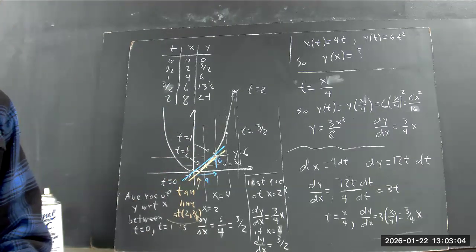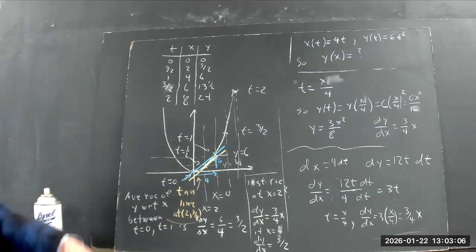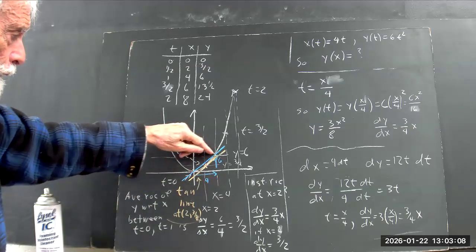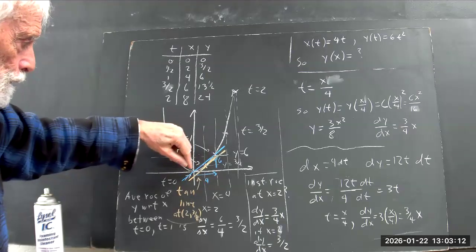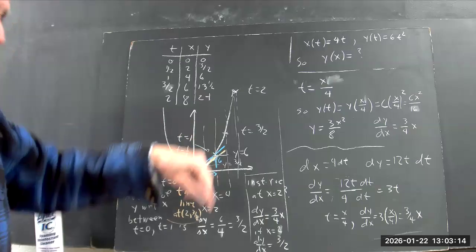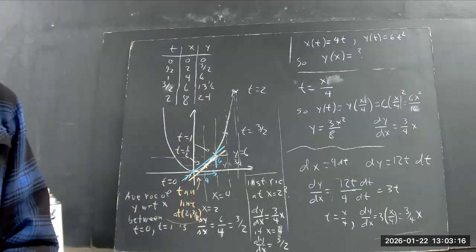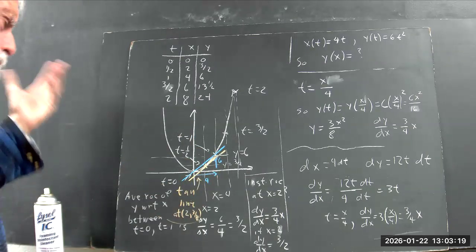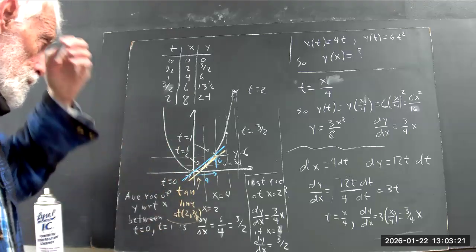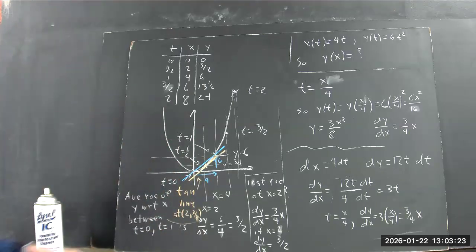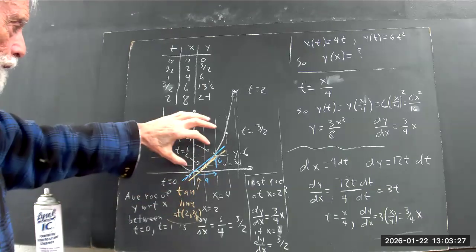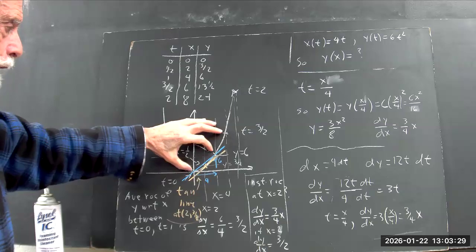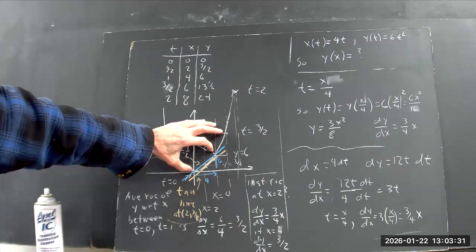You could say that between here and here, we moved a distance equal to the hypotenuse of a triangle with base 4 and altitude 6, right? And that would be square root of 36 plus 16, which is 52. Square root of 52, a little over 7 units here. So we're moving a little over 7 units per second on the average between here and here. Does that make sense?